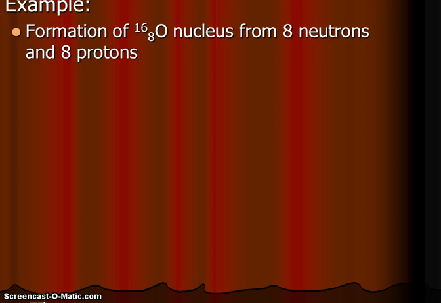Let's say that we want to find out what energy is associated with the formation of an oxygen-16 nucleus from 8 neutrons and 8 protons. So we would have 8 neutrons plus 8 protons giving us oxygen-16. We can look up on the table what the mass of a neutron is and what the mass of a proton is, and we can calculate what the mass of this nucleus should be.